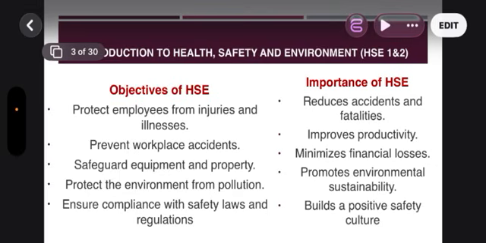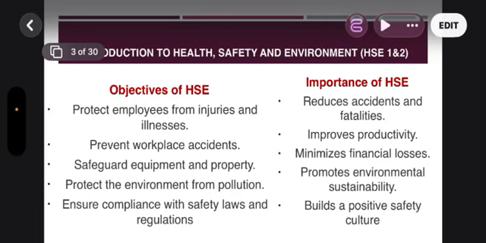So the importance of HSE is to reduce or eliminate, if possible, accident and fatality. Improve productivity. For example, if you were to research the connection between safety and improved productivity, you should be able to give us statistics and information on how improved safety can improve workers' productivity.